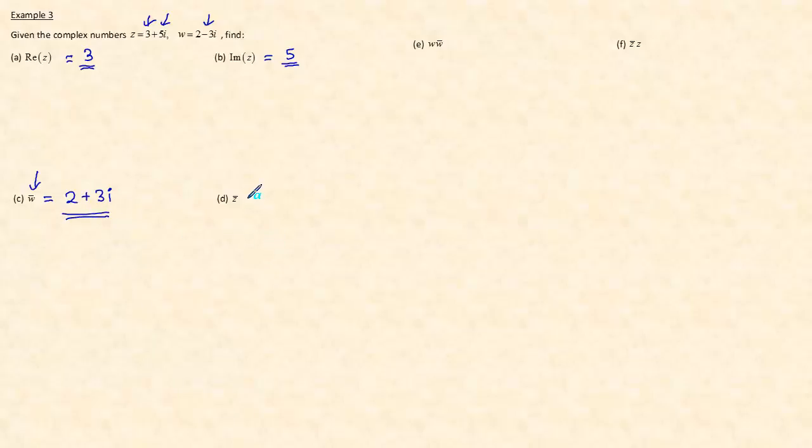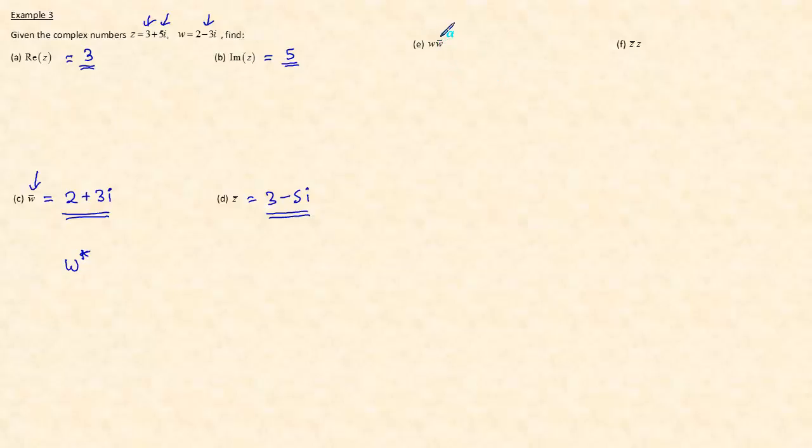And the same idea with the conjugate of z, z bar, that's going to be 3 take away 5i. So the imaginary part changes sign. Now sometimes you might see the notation star for the conjugate rather than the bar, so just be aware of that.